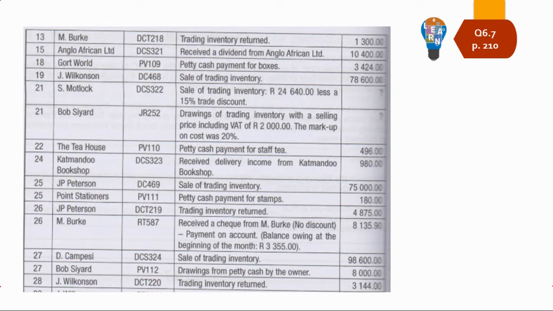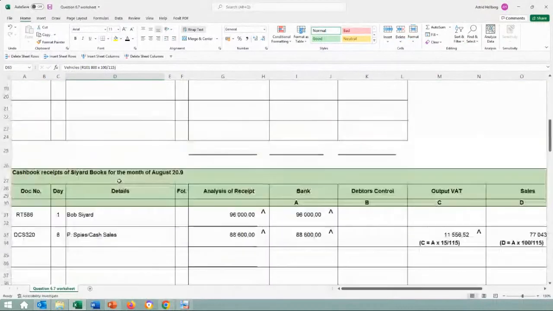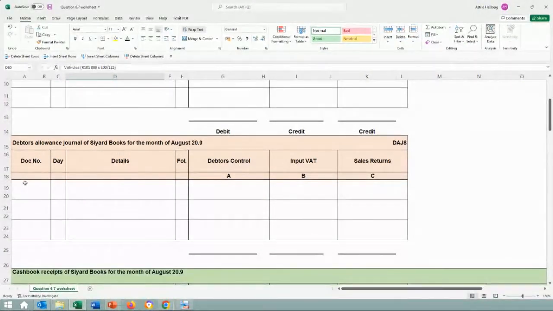To what journal do we take any returns of something I previously purchased on credit? That's correct. The Debtors Allowance Journal, the DAJ. Okay, so let's just scroll up to the DAJ.